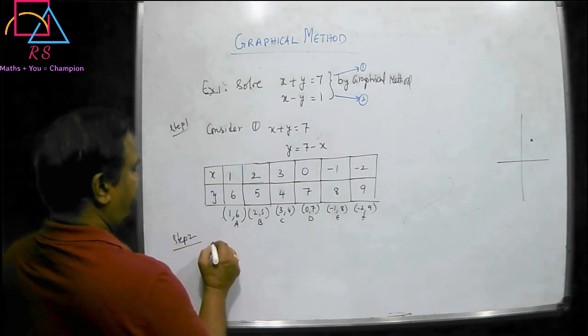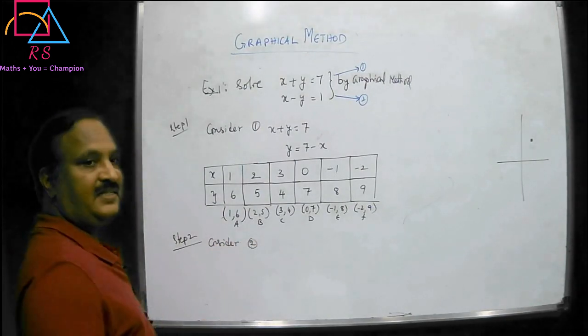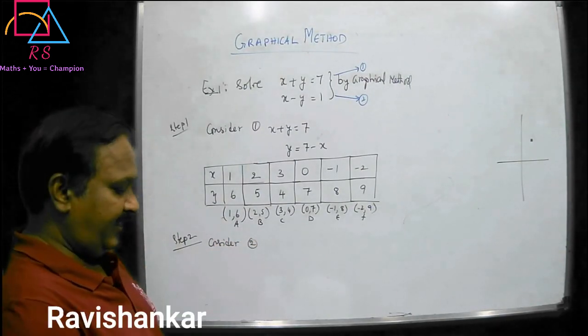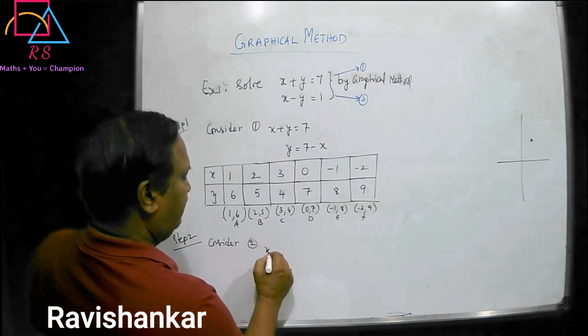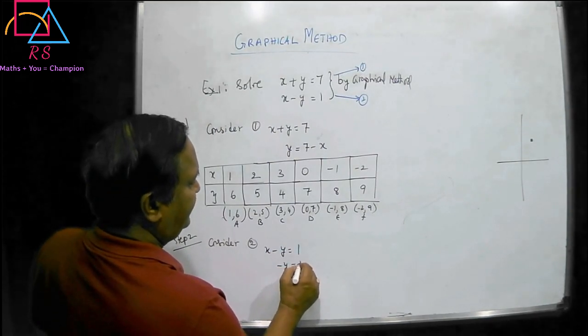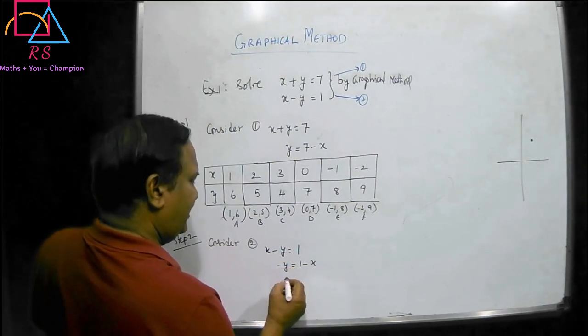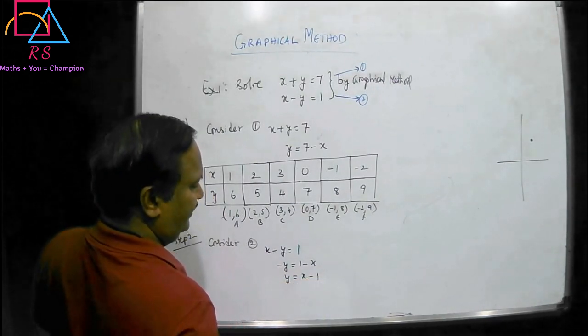That means consider the second equation also. What is the second equation? x minus y is equal to 1. So, minus y is equal to 1 minus x. You send the minus also to that side. y is equal to x minus 1.